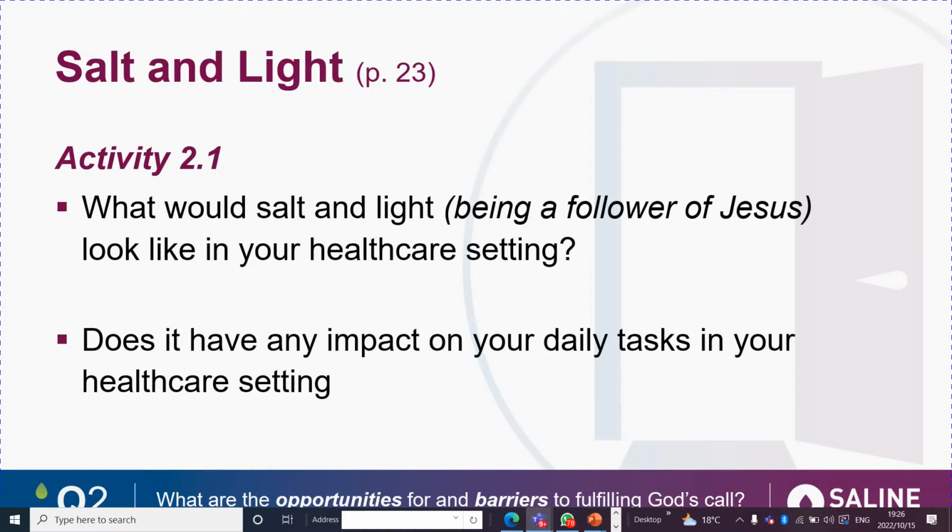Salt and light. Activity 2.1: What would salt and light, being a follower of Christ, look like in your healthcare settings? Does it have any impact on your daily task in your healthcare settings?